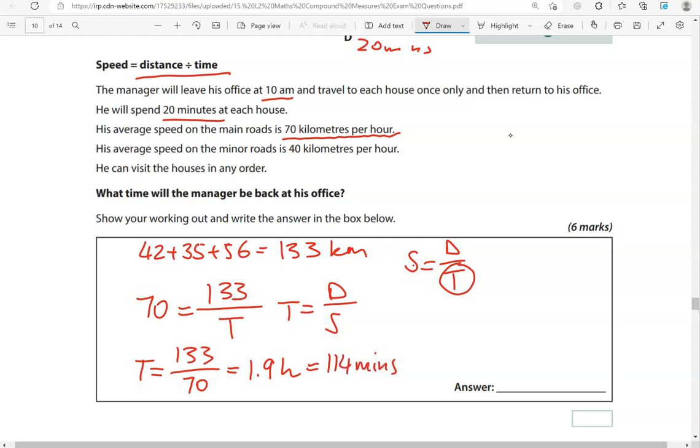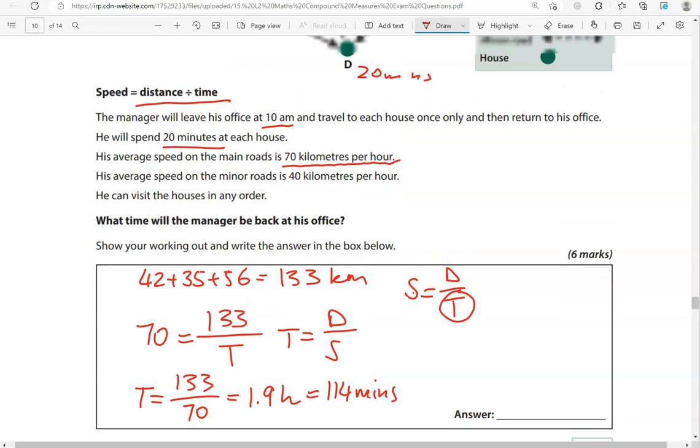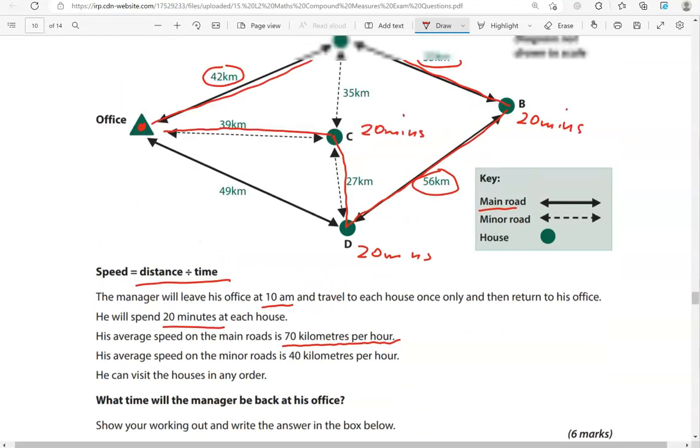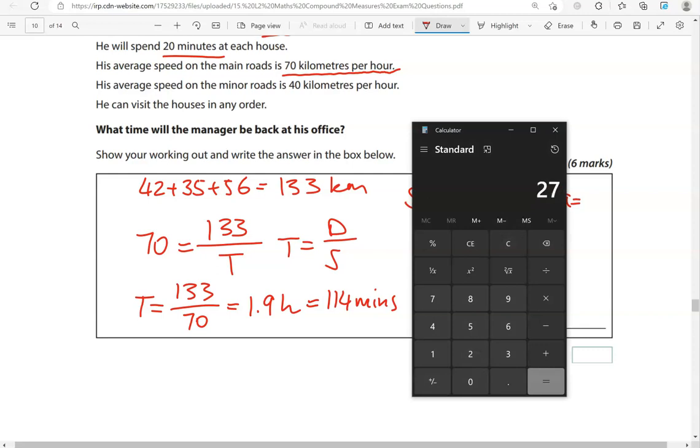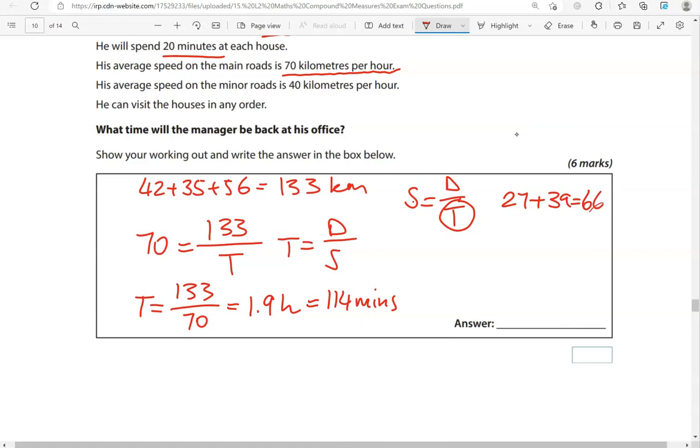Now we'll repeat this for the minor roads. We've got 27 kilometers and 39, which is 66.